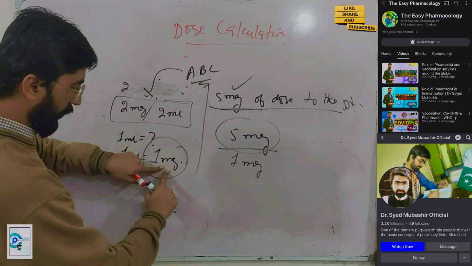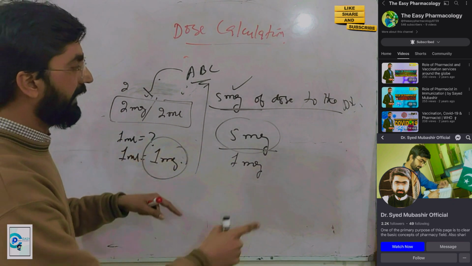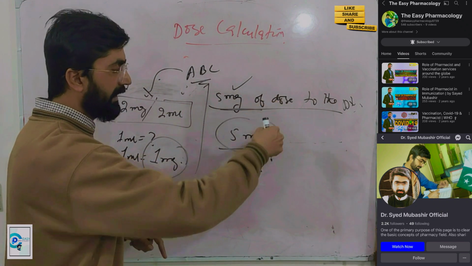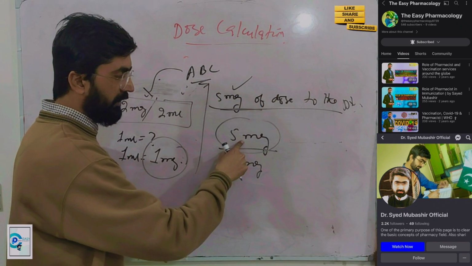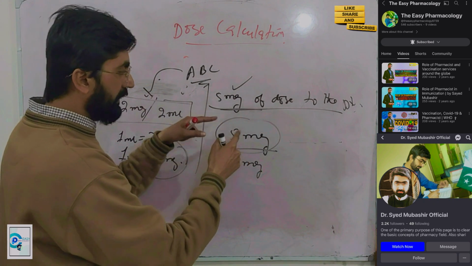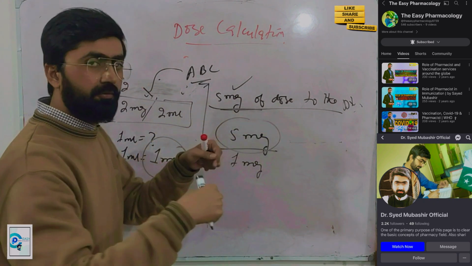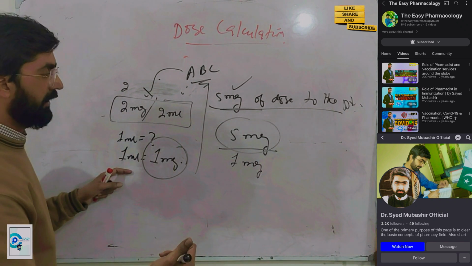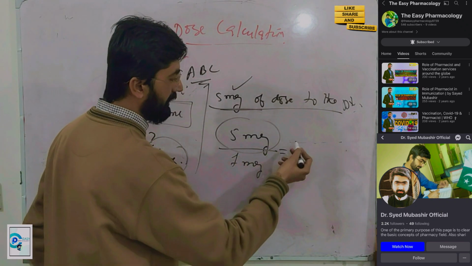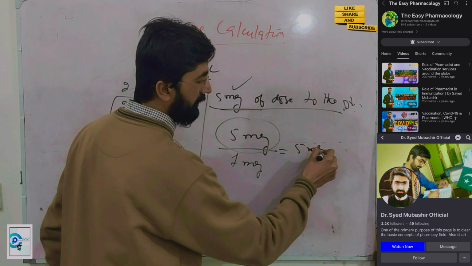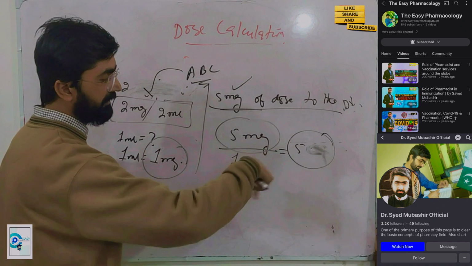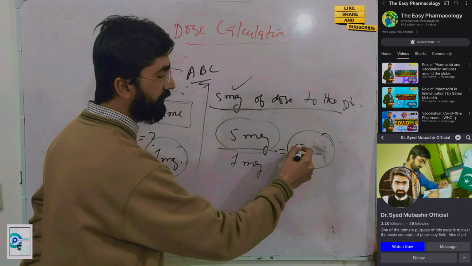Let's suppose the prescribed dose is 5 milligram, so this dose will be divided by the value which you have previously taken. In this situation, obviously, from this calculation, the value will be 5.